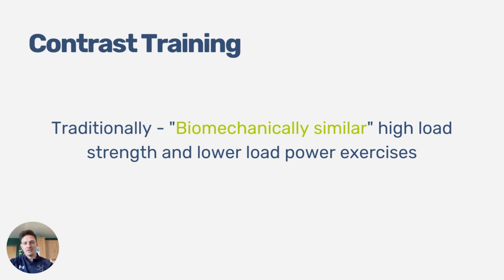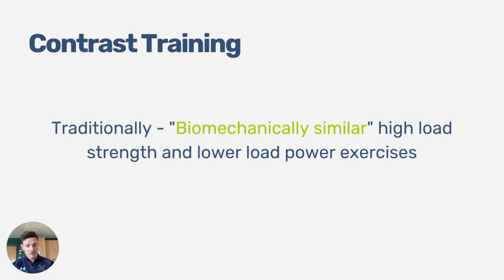The other one that fits into shock methods, so we've got a depth jump and our drop jump, is what's called contrast training. Now, this one I would say is slightly more accessible, and in terms of the impact, you don't necessarily need to be dropping off big boxes for this. And there's a lot of good research now coming into play with contrast training.